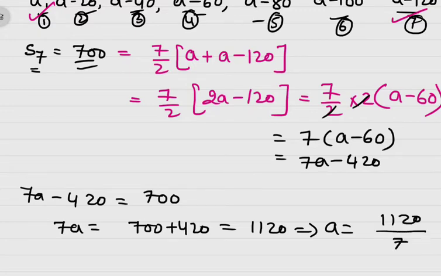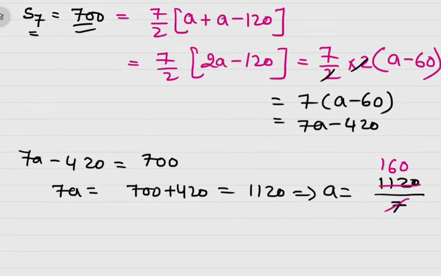Can you do the further calculation? Simply cancel it with the table of 7. 7 ones are 7. How much is left? 42. 7 sixes are 42, 0. So your first prize A is equal to how much? A is equal to 160.